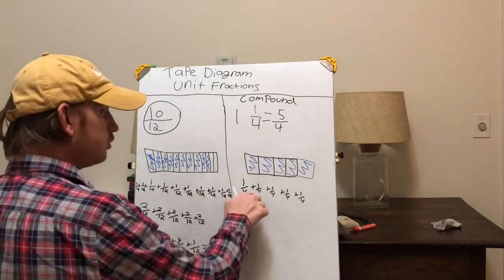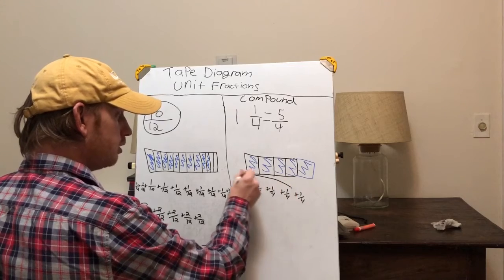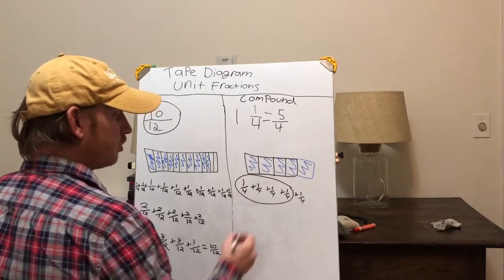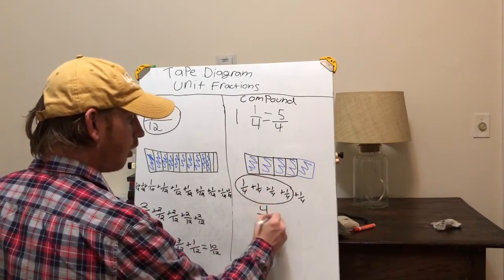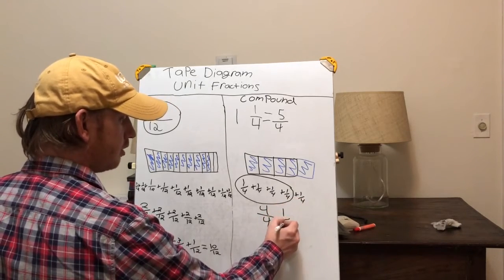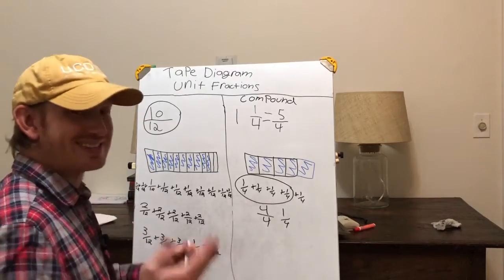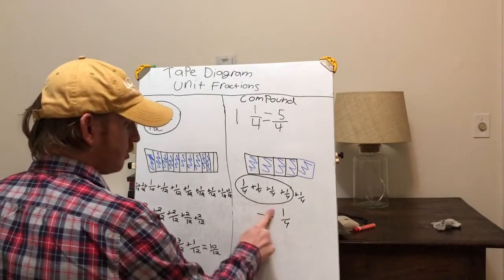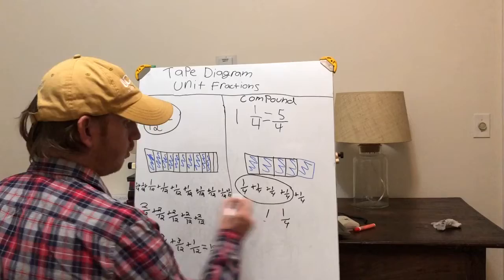Or 1, 2, 3, 4, which would equal 4 over 4, and then there's a 1/4. And 4 over 4, that's the same thing as 1. So it's 1 1/4.